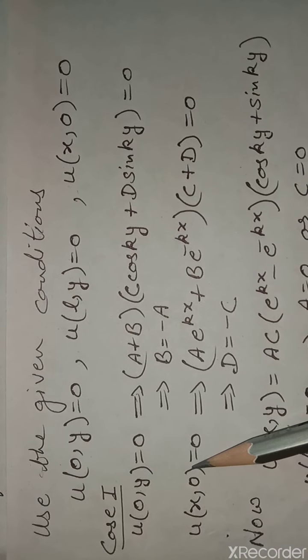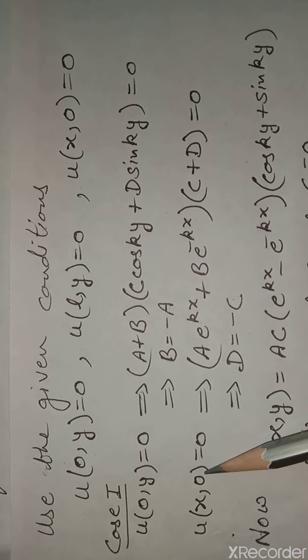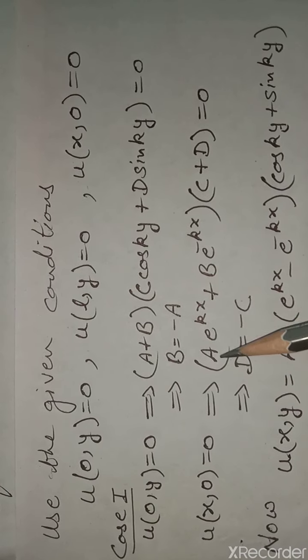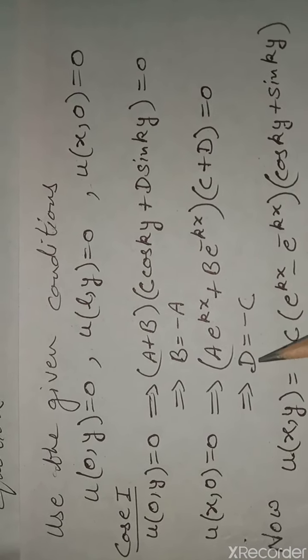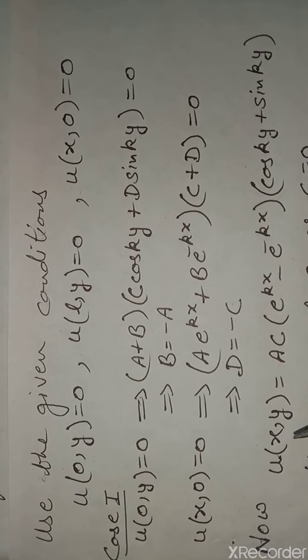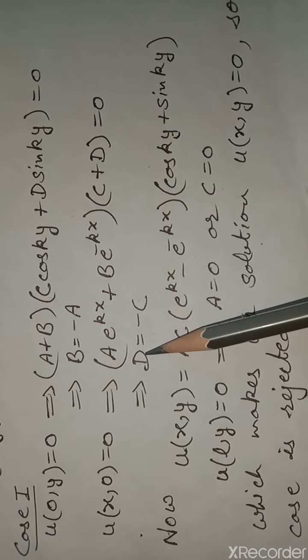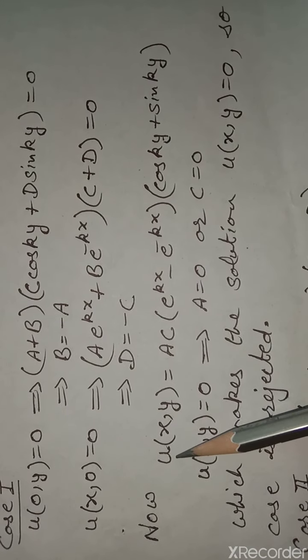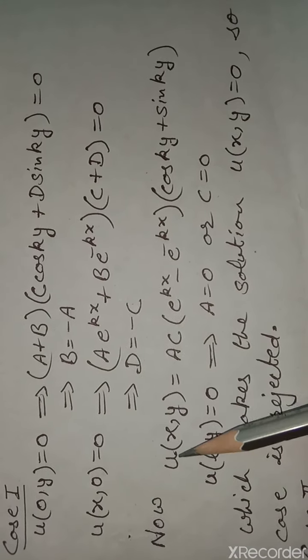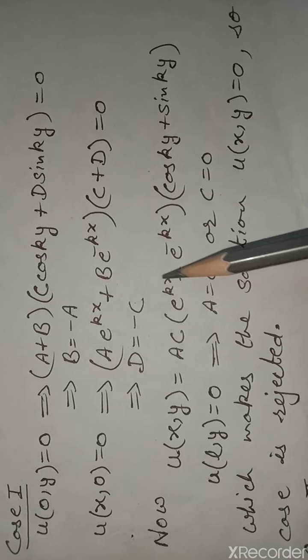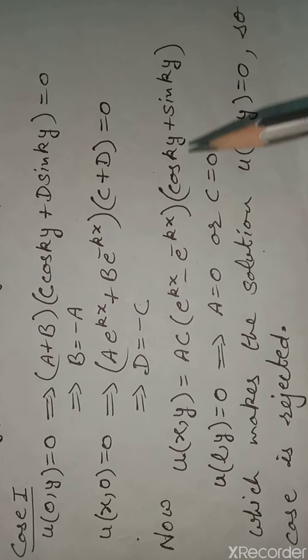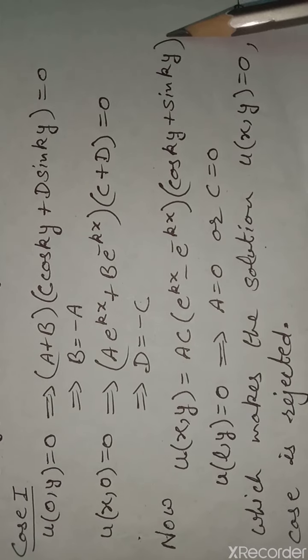Now again we substitute y is equal to 0 in the same solution. Then we have this, and this will give us d is equal to negative of c. So use this value of b, negative of a, and this value of d, negative of c. The solution reduces to ac times (e raised to the power kx minus e raised to the power minus kx) times (cos ky plus sin ky).